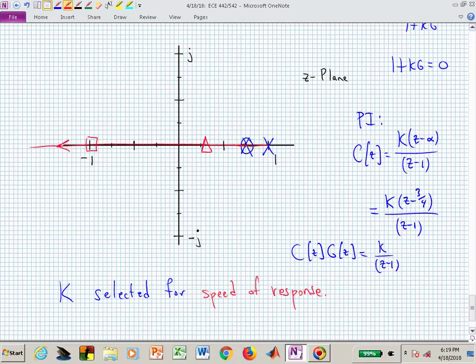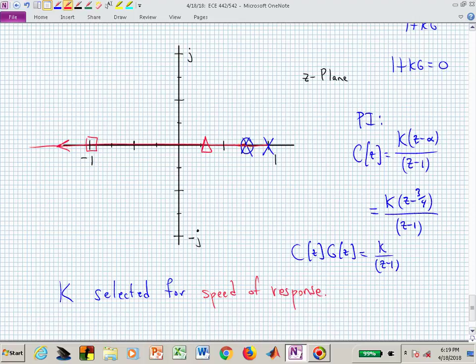If you wanted your response to be deadbeat, I know you wanted me to say that word, where would you locate that triangle? At the origin, at z equals 0. Do you see that you can now push that triangle around, and once you've located that triangle, you can solve for the K?